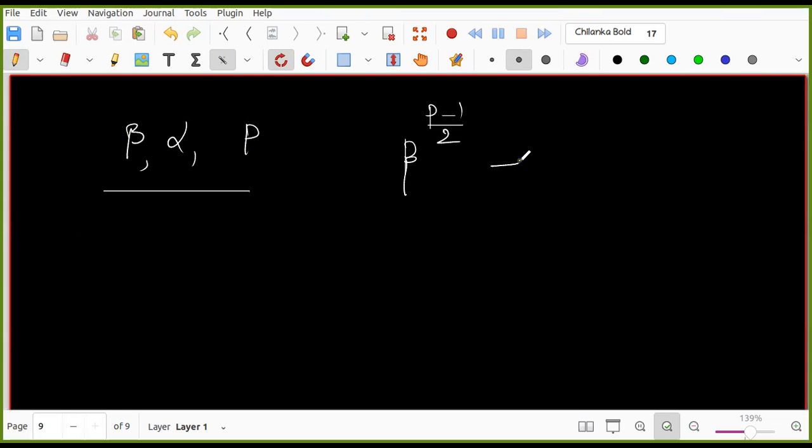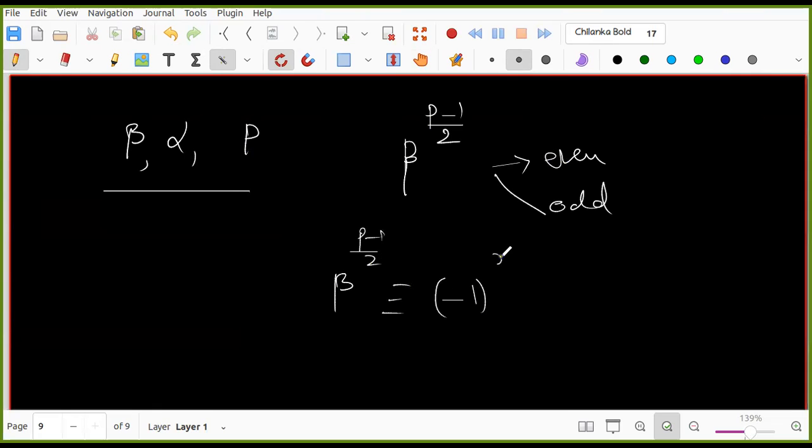I computed that it is congruent to minus 1 power x mod p. I can do this power easily; there are techniques. Doing power is easy, modulo p.